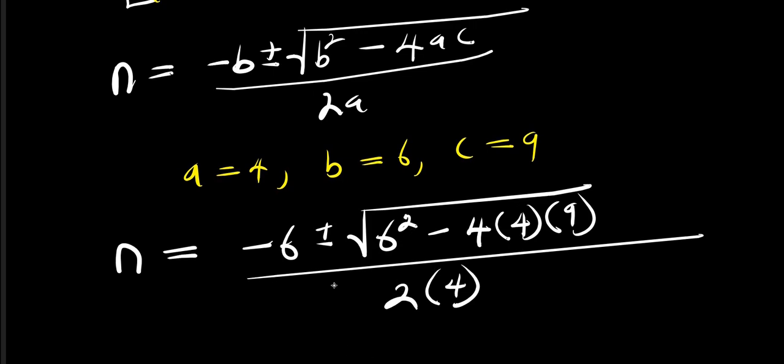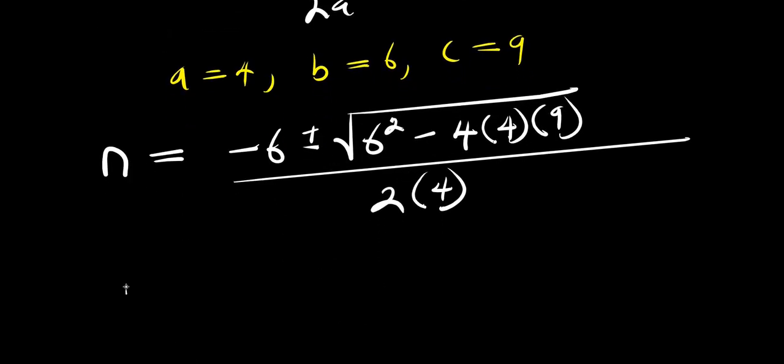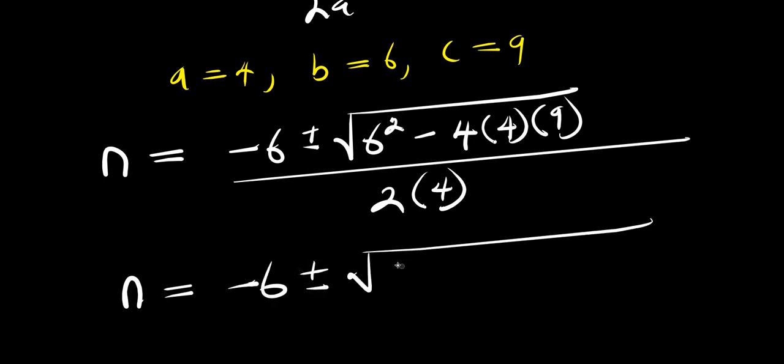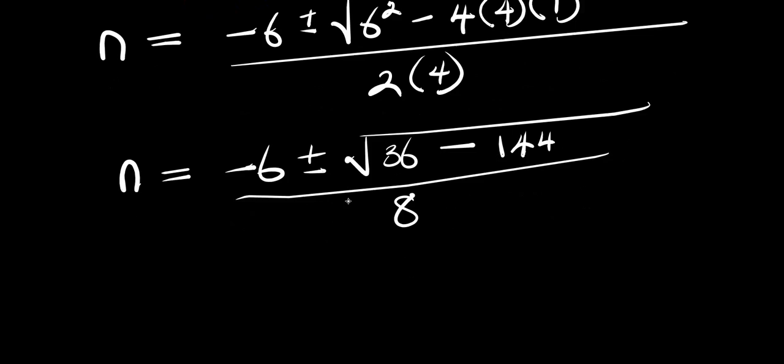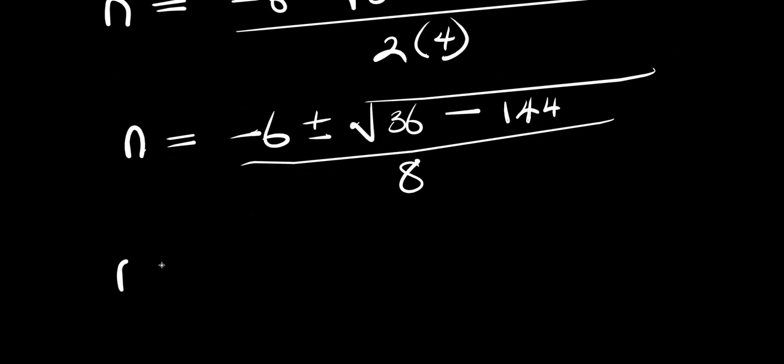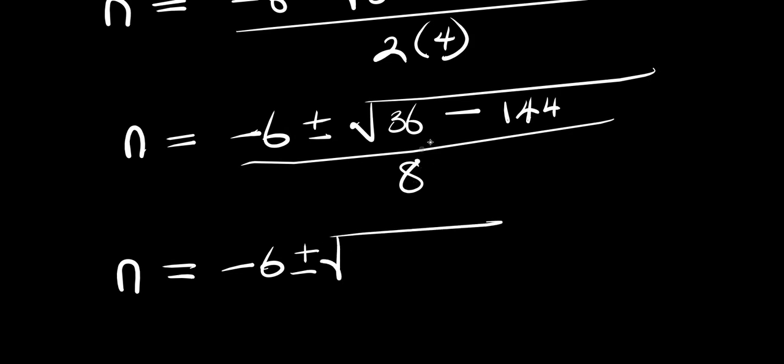And from here, we have n equals negative 6 plus or minus square root of, this is 36 minus 4 times 4, 16 times 9, that is 144, divided by 8. So from here, I have n equals negative 6 plus or minus square root of 36 minus 144. This is negative 108 divided by 8.